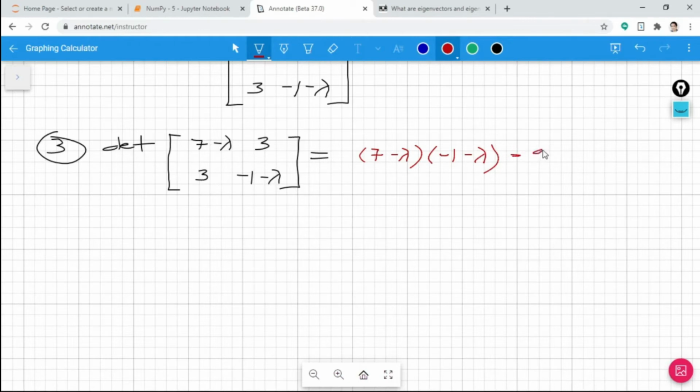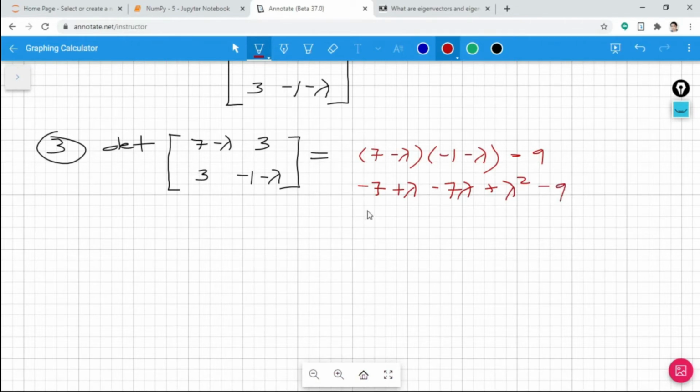So B times C is 9. If you distribute this one, remember your algebra, I think this is the FOIL method. So you will have negative 7, plus negative 7 lambda, plus lambda squared, then minus 9.